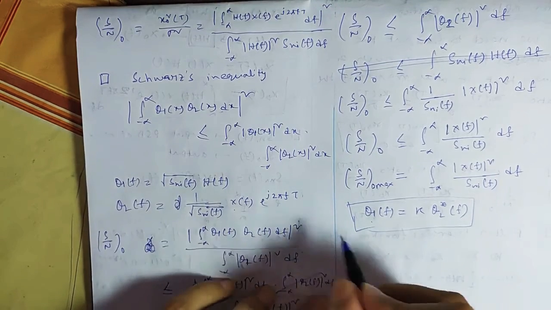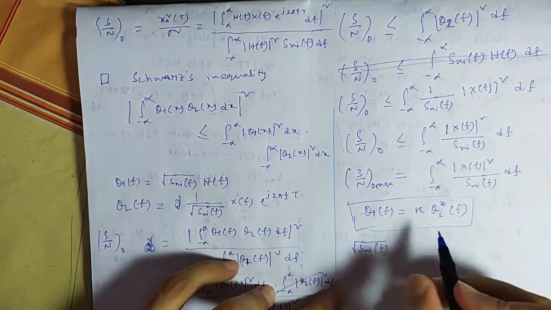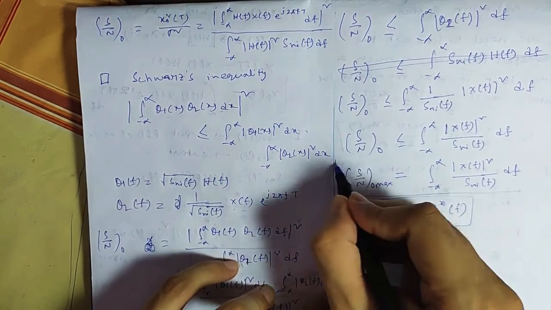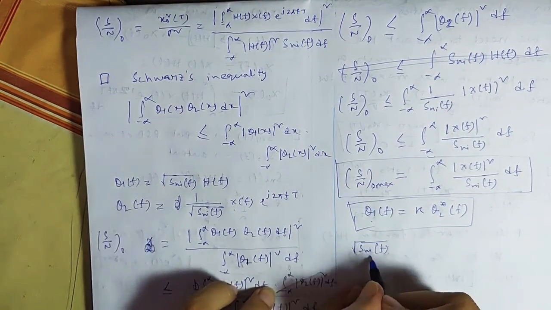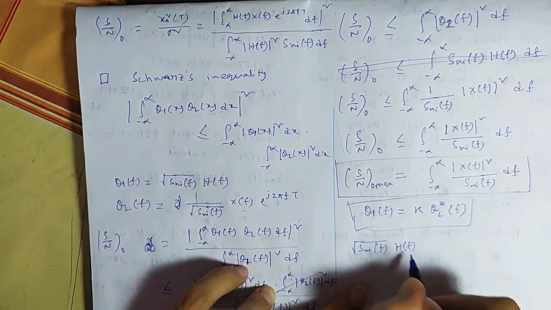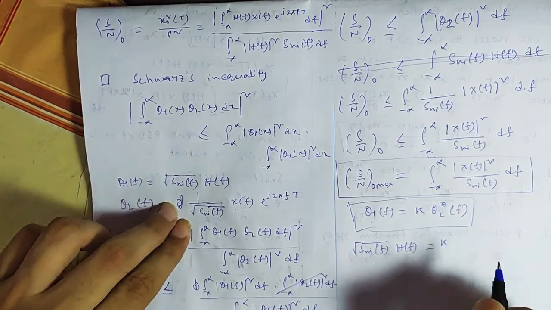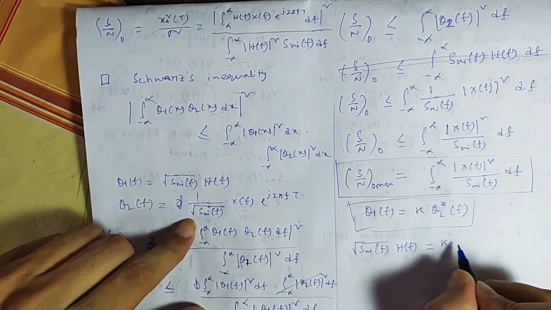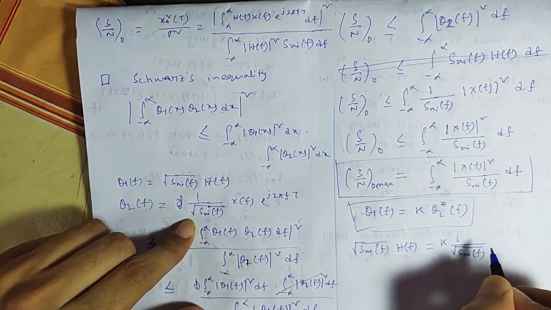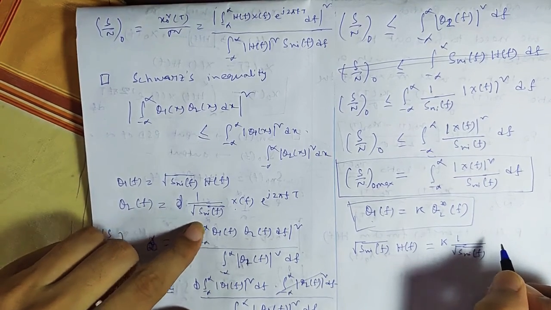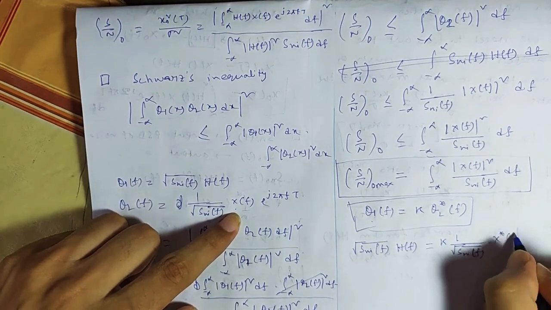If I replace this, theta 1 is root over S_ni(f) H(f) equals k times the conjugate of theta 2, k times 1 by root over S_ni(f) into X star(f).